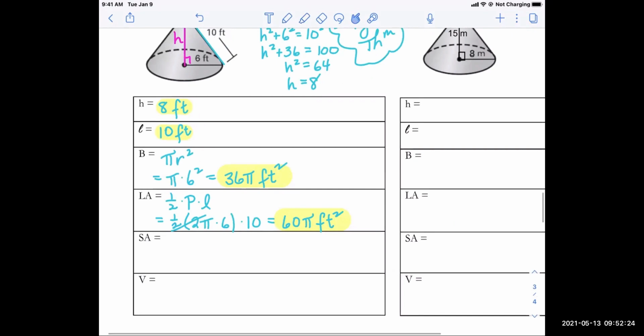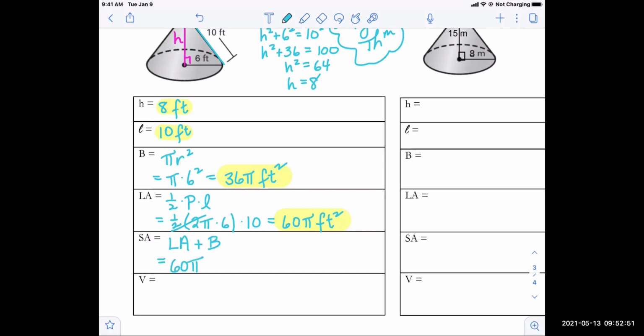Okay. Surface area. Izzy, what do we do to get the total surface area then? Okay. So I'm just going to use lateral area plus a base because we already have the lateral area up above. You don't really have to redo that calculation, right? So our lateral area we found was 60 pi.